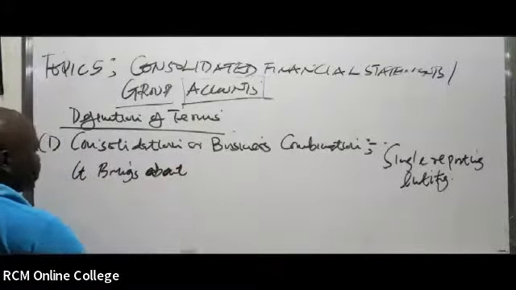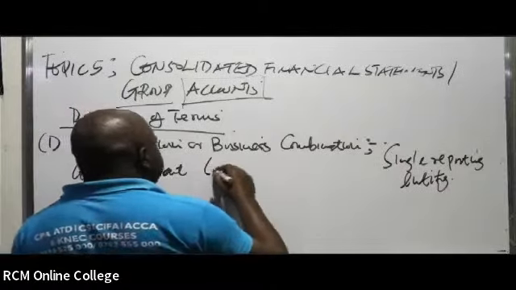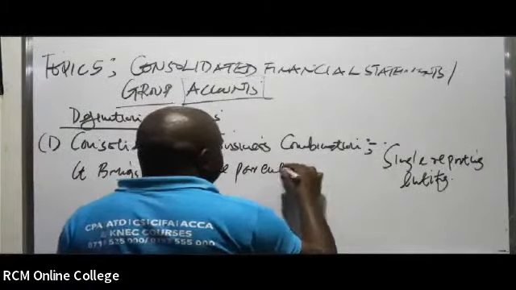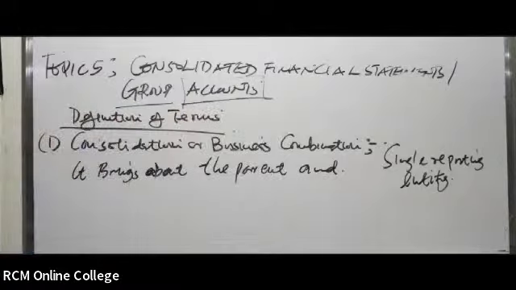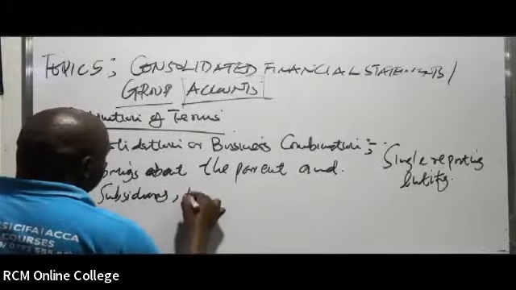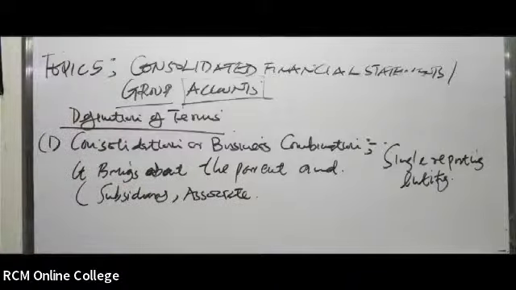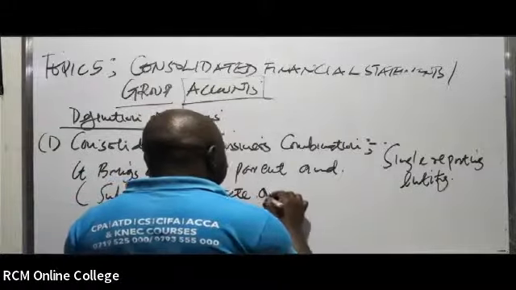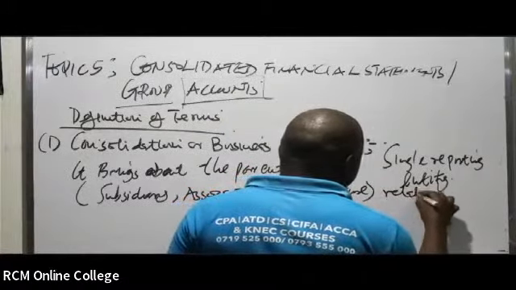It brings about the parent and, in brackets, subsidiary, associate, or joint venture relationship.